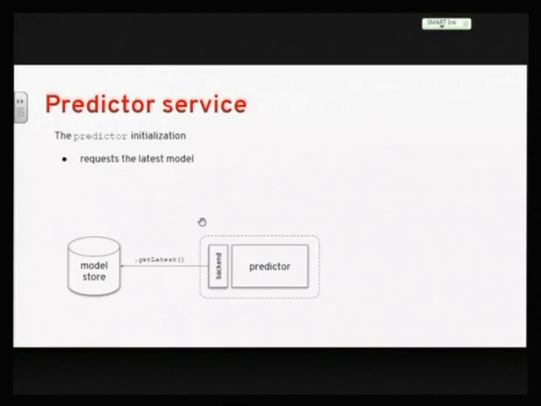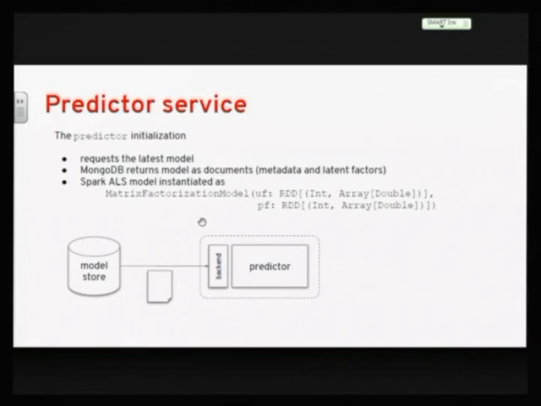Also, for the predictor service, the model is returned serialized, as I mentioned, as a multi-dimensional array with some relevant metadata for that model. And that data is going to be instantiated into a Spark ALS model. That's one of the first problems that we found, because the actual Spark ALS implementation stores the models as a matrix factorization model class.